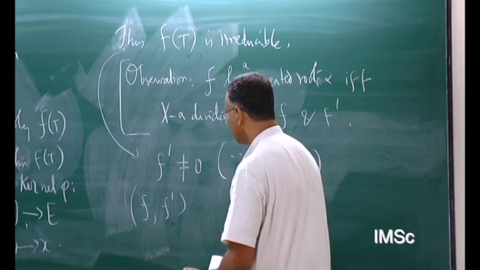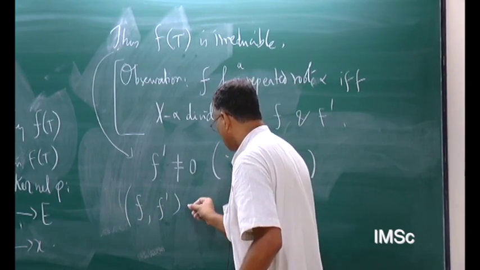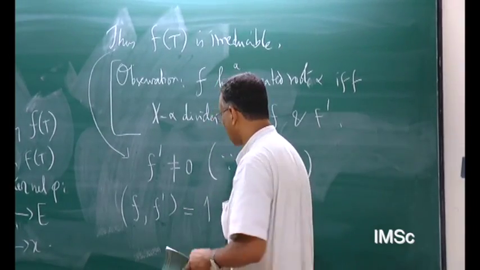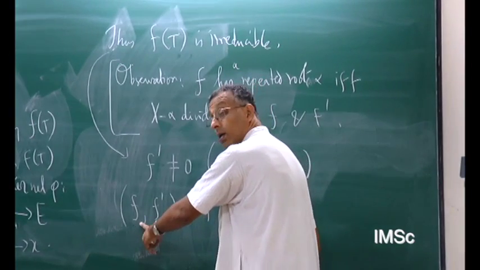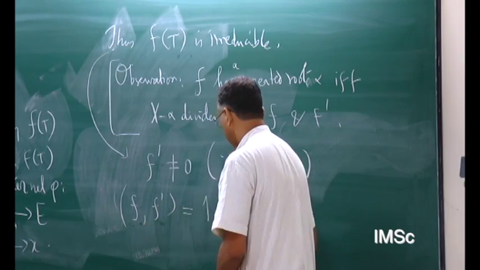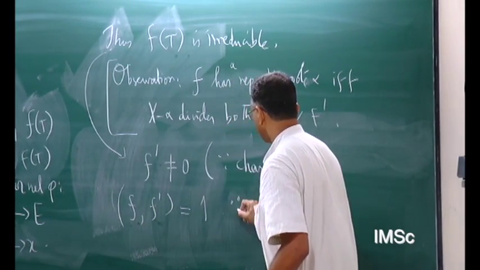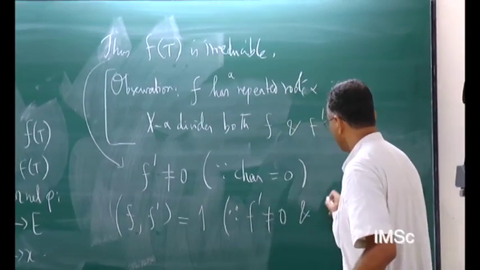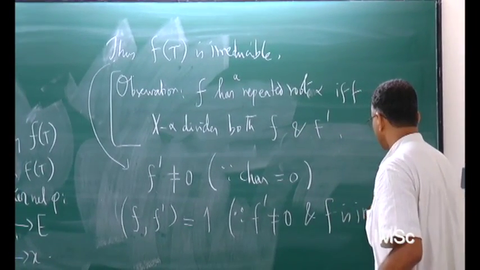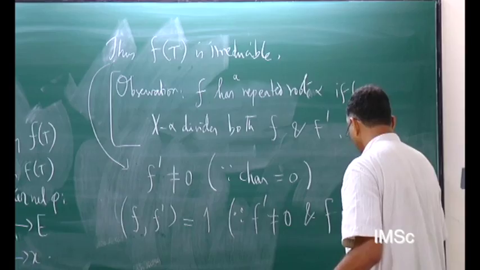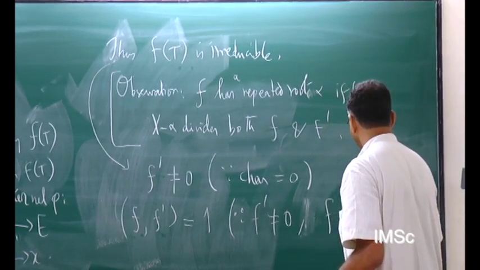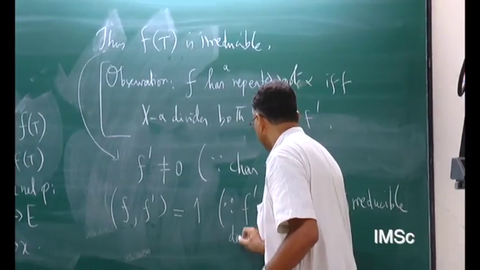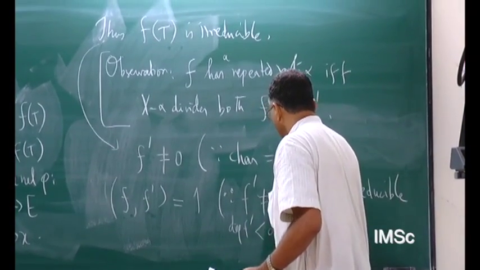So the gcd has to be equal to 1, because f prime is non-zero and f is irreducible, and f prime has degree less than the degree of f.